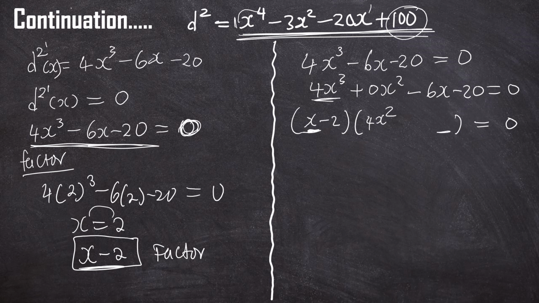Then you go to the last term and say, in order for us to get minus 20, what must we multiply this last term, minus 2, with? That must be positive 10, because minus 2 times positive 10 gives us minus 20. Now you are done there. The K method says for the middle term, you check your middle term, which is negative 6x.